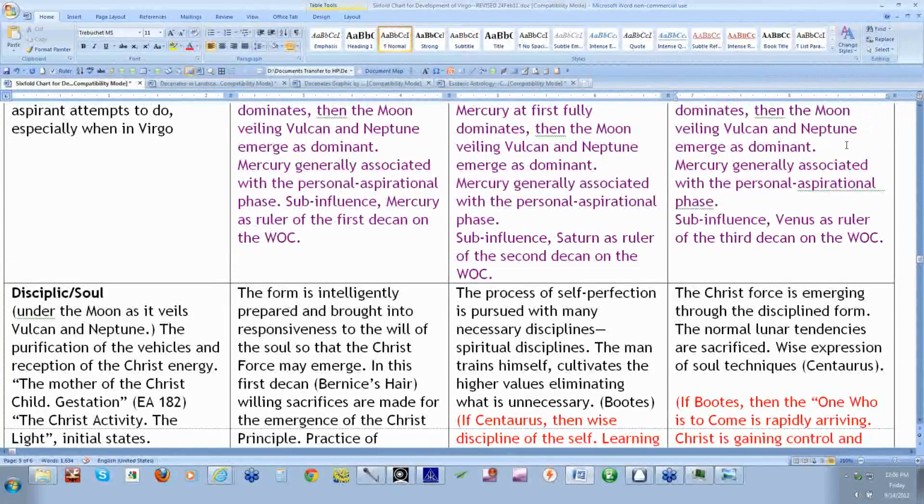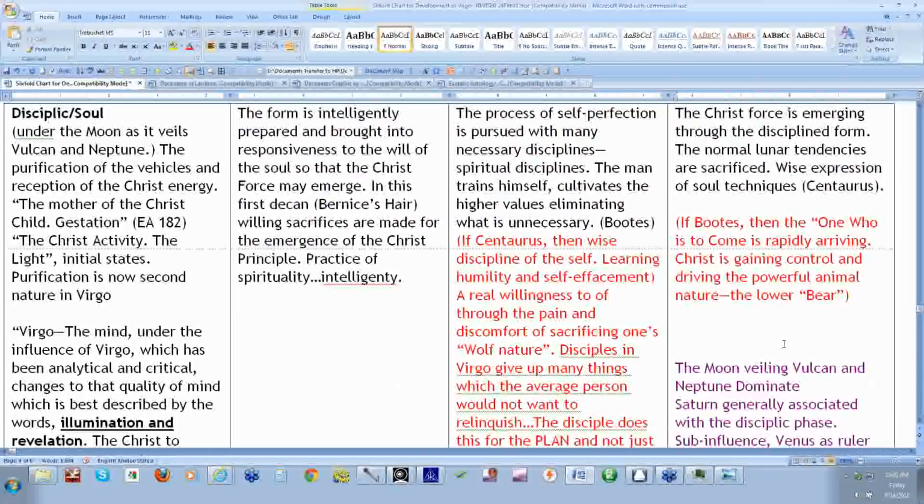And, if in red here, it's really true that Bootes is actually the one who is to come. He is rapidly arriving, and the Christ is gaining control and driving the powerful animal nature, the lower bear. I guess that's one way of looking at it. The lower will is driven by the Christ force.